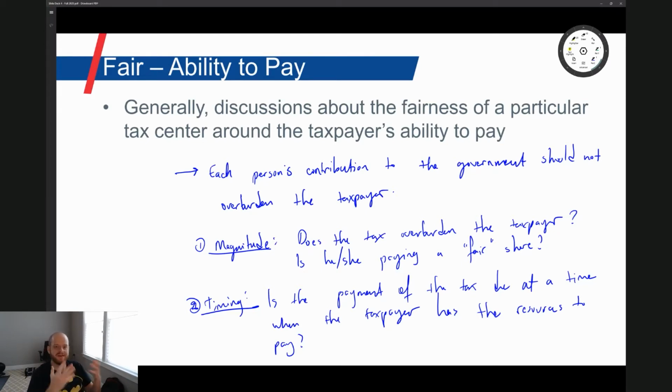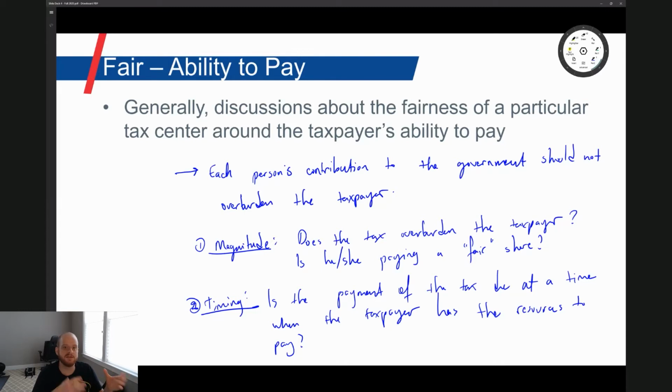The amount of the tax, is it too much for the taxpayers? But at the same time, we want everyone to pay their fair share. We don't want anyone to shirk on tax paying. And the other aspect is the timing of this, right? Is the timing convenient? Is it fair? Are we asking people to pay taxes when they have the resources to pay the taxes, right?